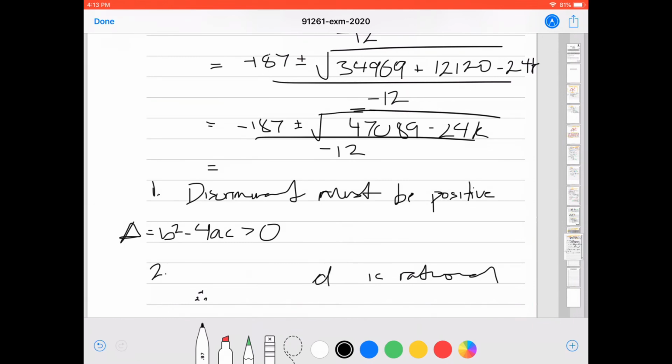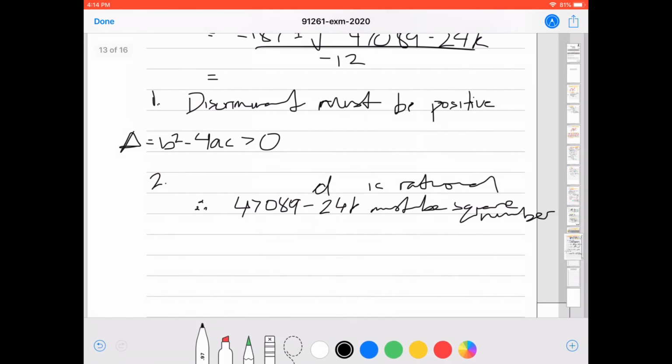And so for D to be rational, 47089 minus 24k must be a square number. Okay. And why is that the case?